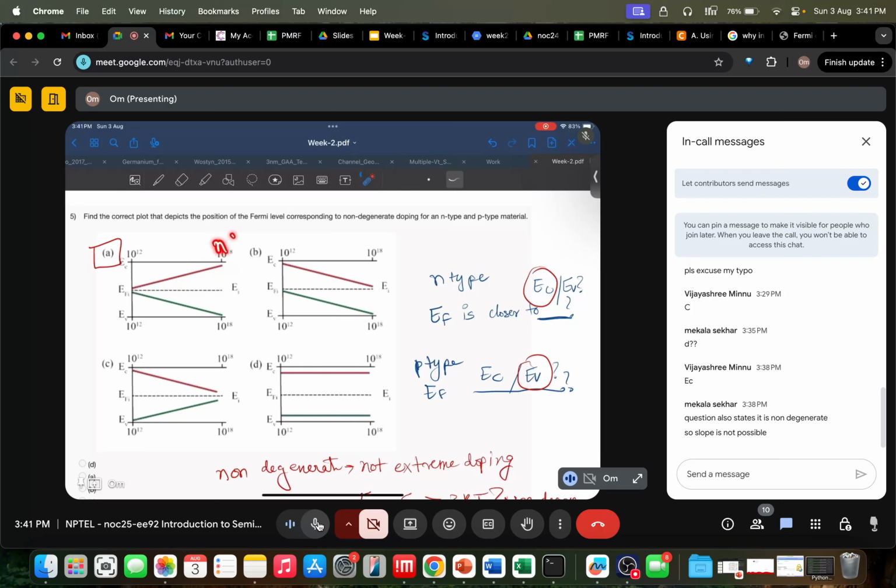Since you are increasing doping, EF will move closer to EC. Similarly here, when you are increasing doping in the P-type, your EF will move closer to EV. So option A is correct.